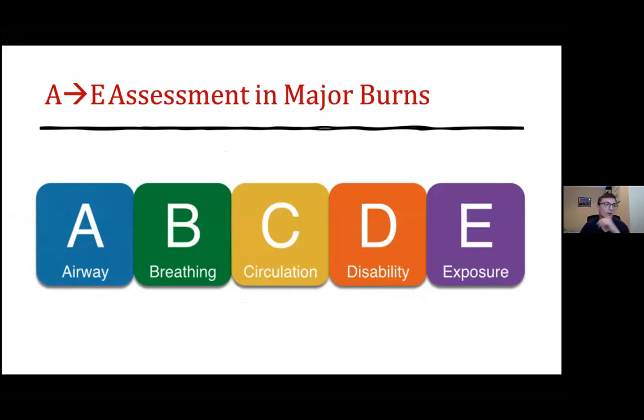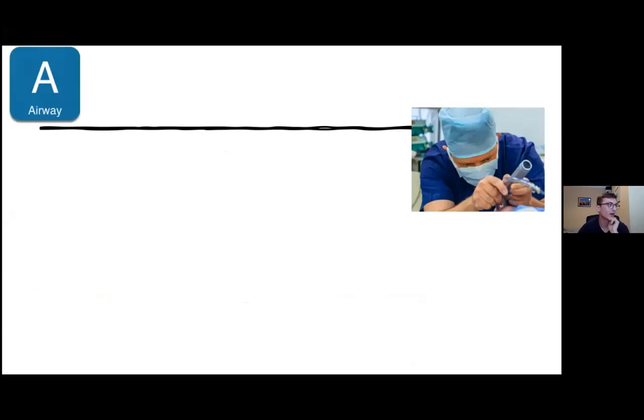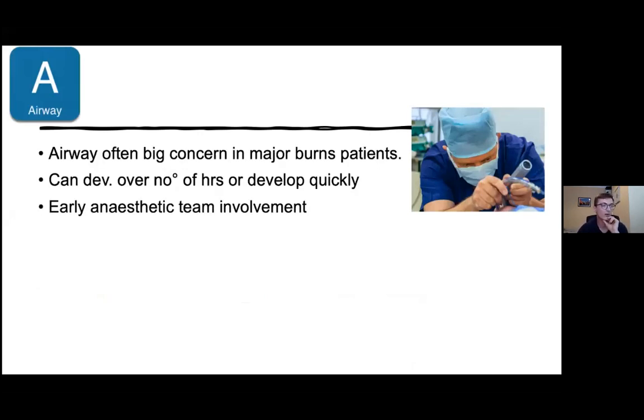So now we're going to talk about the A to E assessment of a major burns patient, beginning with A for airway. Airways are big concerns in patients with major burns. There are a few different mechanisms that can lead to airway compromise. Some of them can develop over a number of hours, so it's really important to reassess patients regularly, with others developing quite quickly and maybe with little warning.